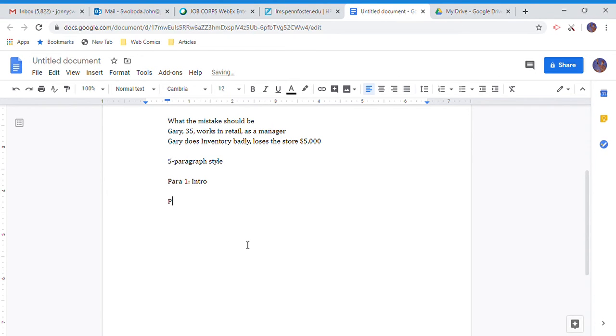Paragraph 2 is what was supposed to happen. Paragraph 3 is the mistake. Paragraph 4 is the consequences. And then paragraph 5 is the own-up and the lesson.